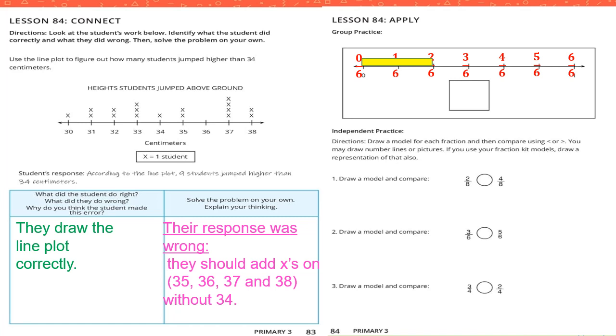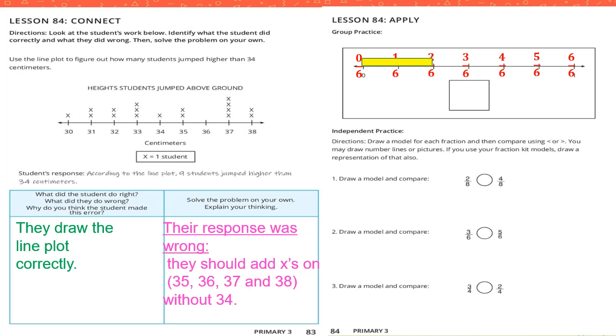Okay. The next example here, comparing between two fractions by drawing a model. Here we have two ways to solve. The first way, you can solve it by asking is it crazy or normal. The second way, you can solve it by using the number line.